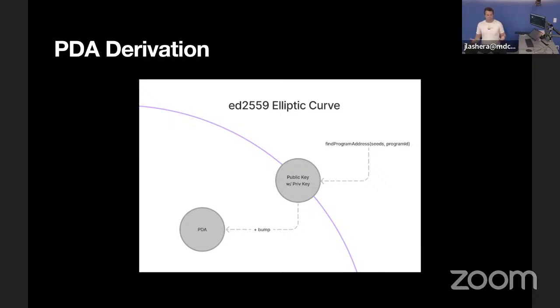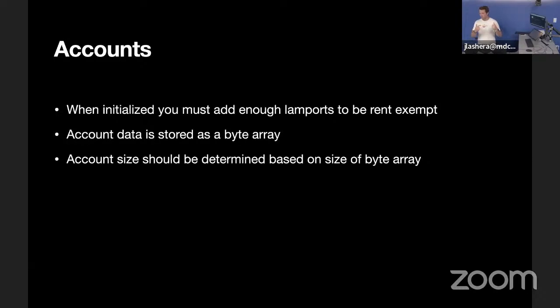There is no private key with which to sign on behalf of the account, which means that the only way to sign, aka write data for a PDA, is if you are the program yourself. Which is pretty neat. It basically means that you can get a bunch of accounts within your program that only can be written to by your program. So you don't have any security risks with other programs writing to that account. Any questions about the PDA derivation? We'll go through it a little bit later and have a concrete example.